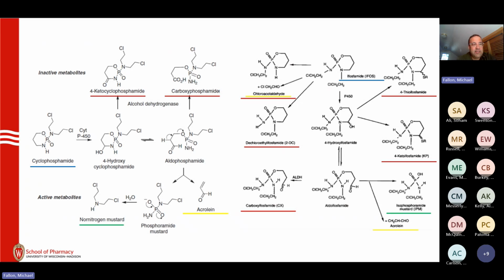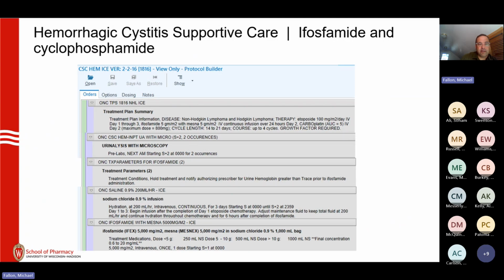But there's a 1-to-1 development of acrolein after that. So it's 5-fold more toxic metabolite in acrolein than cyclophosphamide would be. So that's why we always give supportive care for ifosfamide. And here's just a slide showing that it's built into Beacon.